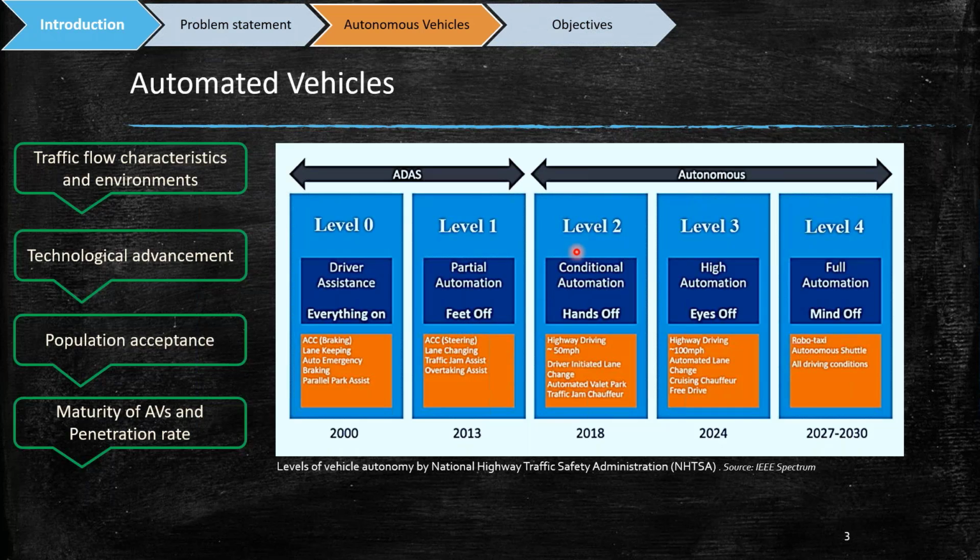Then in level 2, there are some cruise control and parking facilities. But level 1 and until here are out of the scope of our study, and mostly we focus on just level 3 and in some cases level 4, because level 3 is a high level of automated driving with limited self-driving automation, and level 4 is full control.